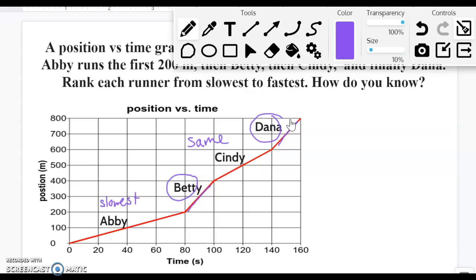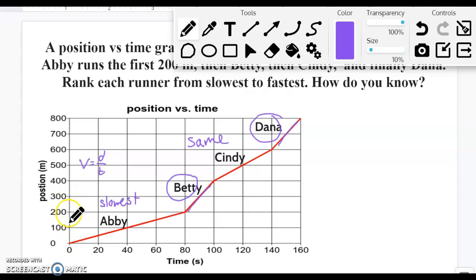We can also figure out exactly how fast these people are going by figuring out either the slope or just using the equation v equals d over t to solve for the velocity for each person. If we wanted to do that for Abby, velocity, or speed, is distance over time, and we would take the distance she ran.